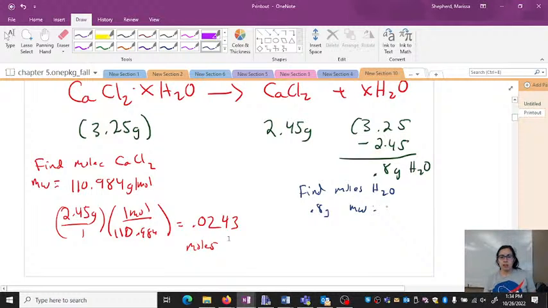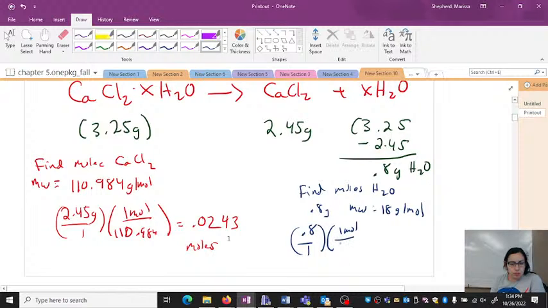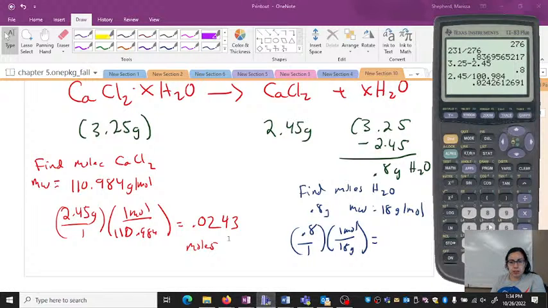And then, do y'all remember the mass of water? 18 grams per mole. And so how many moles of H2O does that leave us?